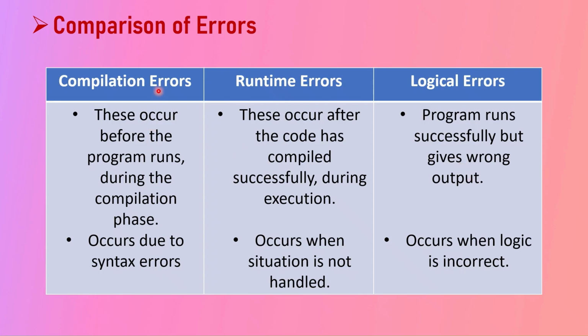Compilation errors mainly occur due to the syntax format in our program. Runtime errors usually occur whenever a situation cannot be handled by Python. And logical errors occur whenever we have incorrect logic in our program. So this is the comparison between the errors.